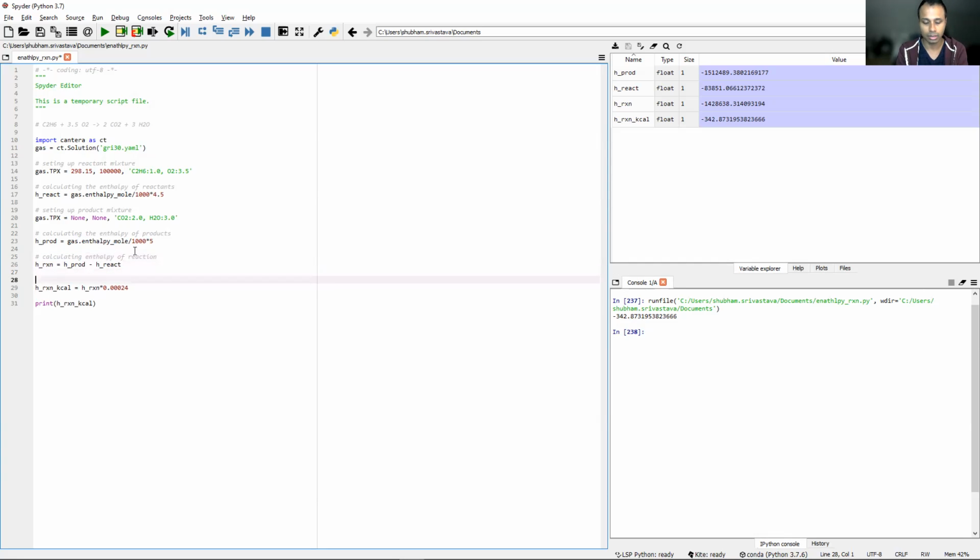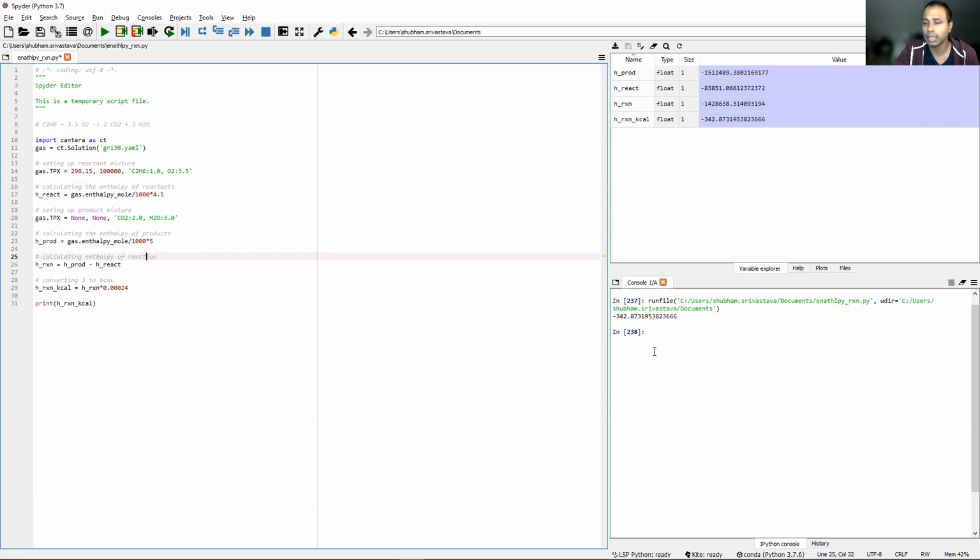And here this is converting joules to kilocalories. All right. And maybe we should write something here as well. That's fine. So, okay, so that was it.